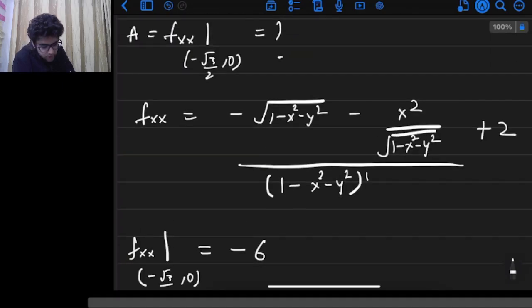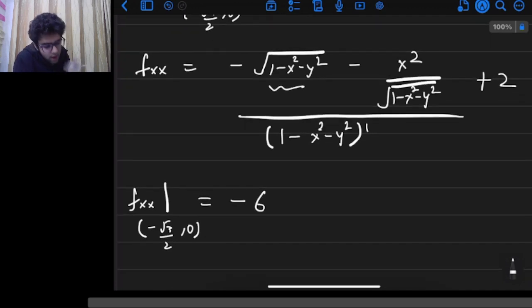Why? Because this expression is not changing. If I put minus root 3 by 2 in place of x, the square of this comes out to be 3 by 4 only. So 1 minus 3 by 4, and y is 0, so this turns out to be the same as the previous expression.